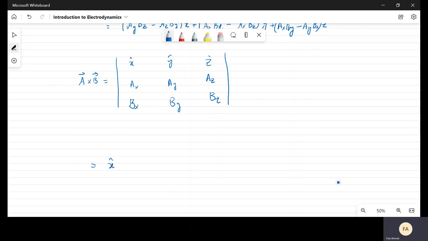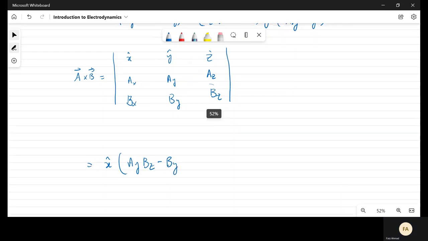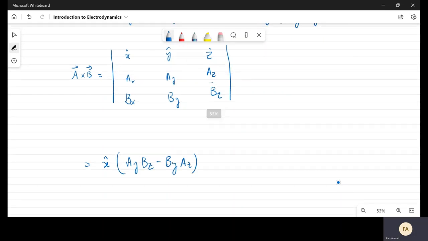We have to take x and then leave this row and this column and multiply the remaining ones, this one and this one. So it will become ay bz minus by az.